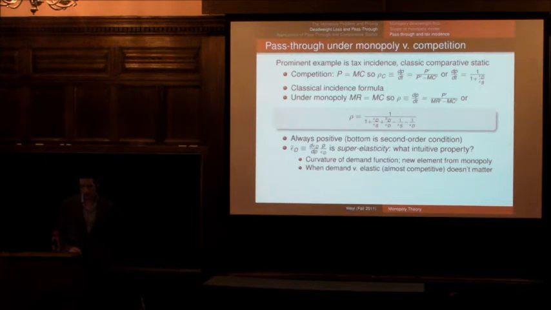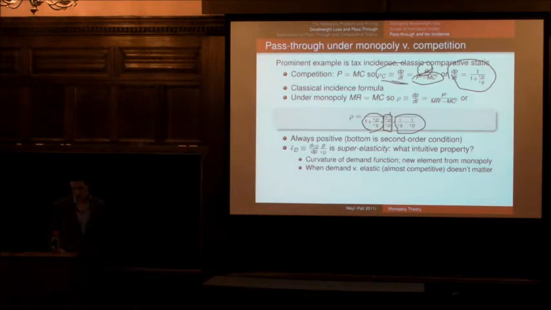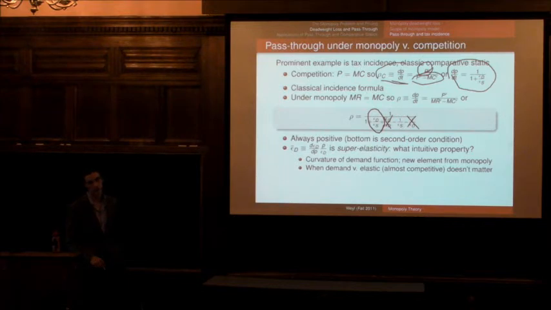Now, note that when the demand curve is very elastic, this term disappears, and this term gets very large, so we're basically left with something that's just like the perfectly competitive case. So when demand is very elastic, things are basically as the formula for perfect competition would suggest.